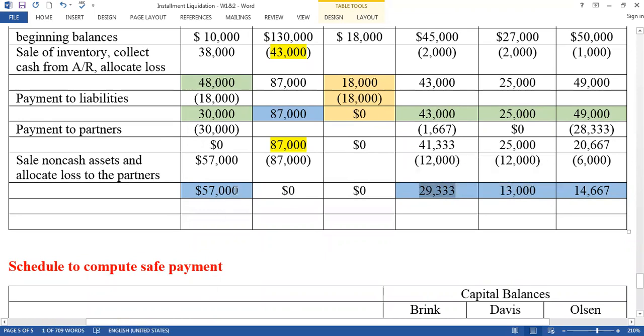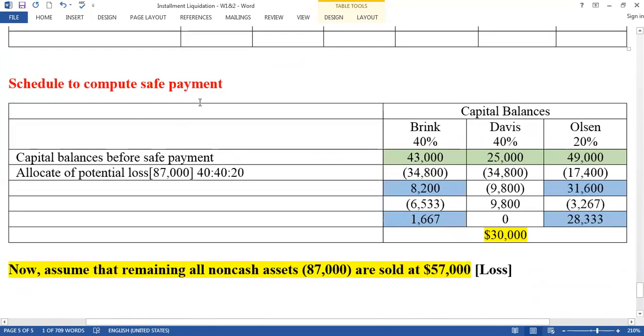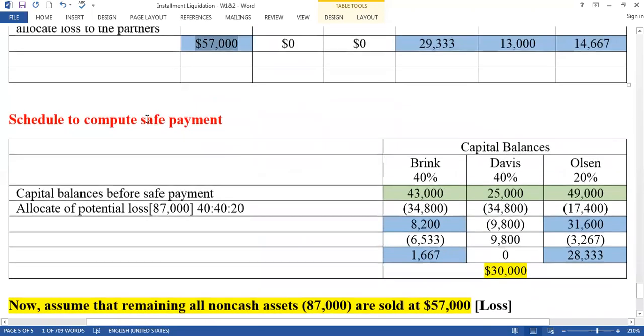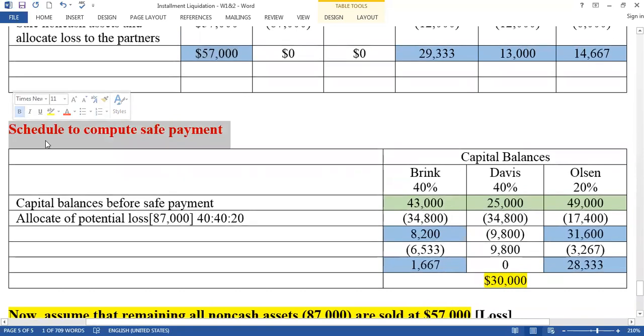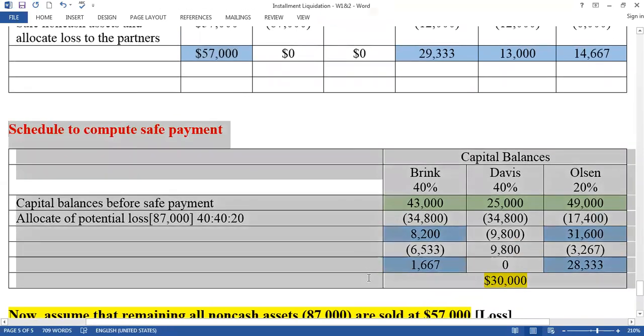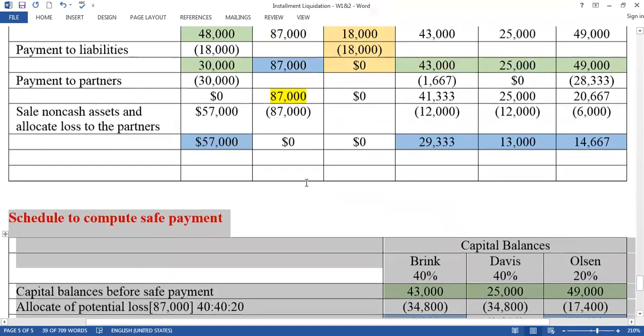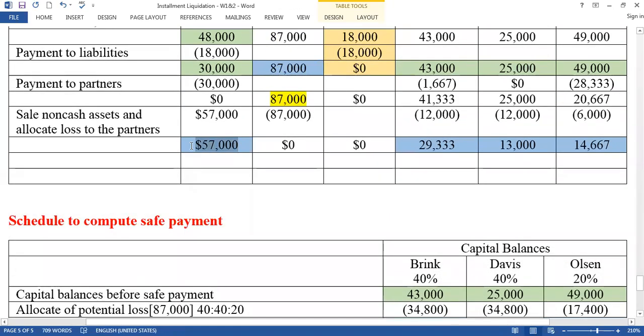And the business also has cash of 57. So do we need to prepare any safe payment schedule? Do we need to prepare this schedule again? Of course not, right? Why not? Because now we have available cash and we have the money to pay them their capital, right?